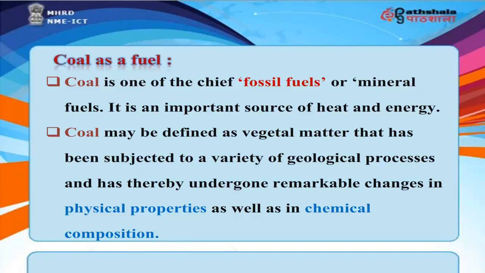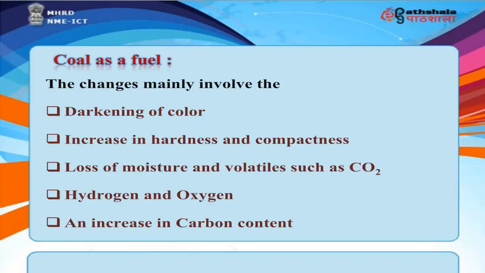Coal may be defined as vegetal matter that has been subjected to a variety of geological processes and has thereby undergone remarkable changes in physical properties as well as in chemical composition. The changes mainly involve the darkening of color, increase in hardness and compactness, loss of moisture and volatiles such as carbon dioxide, hydrogen and oxygen, and an increase in carbon content.